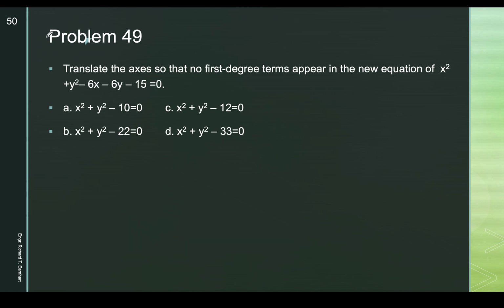Okay, so note that your x, from the original axis, is x prime plus h. x prime and y prime are the new coordinate axis. So y is y prime plus k.